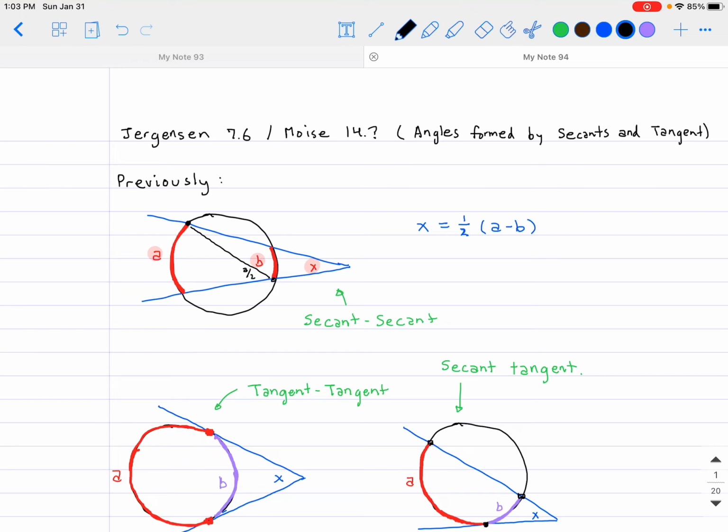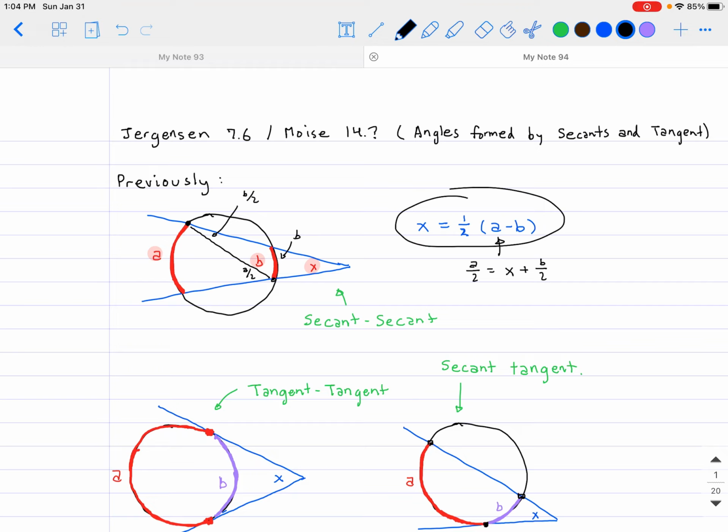Similarly, on the opposite side, because this is arc b, the inscribed angle is b over 2. Then by the exterior angle theorem, a over 2, which is the exterior angle, is equal to the sum of its remote interior angles, so x plus b over 2. Finally, we use some subtraction and get to our conclusion.